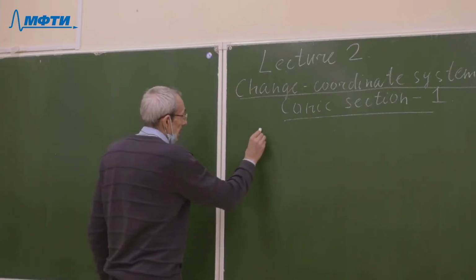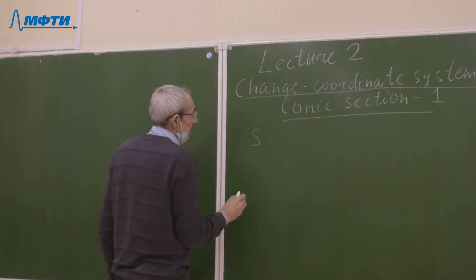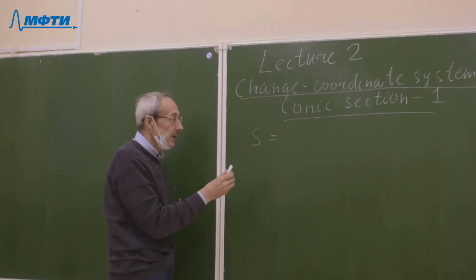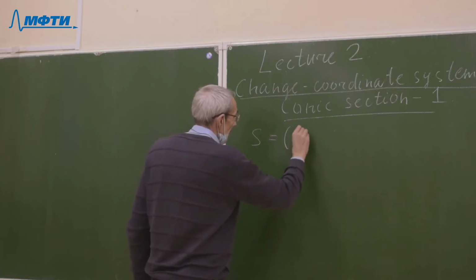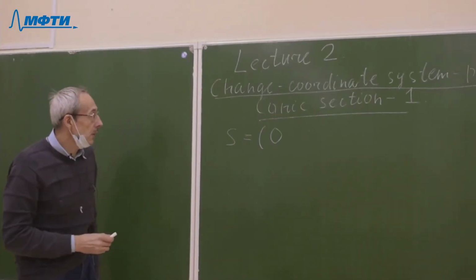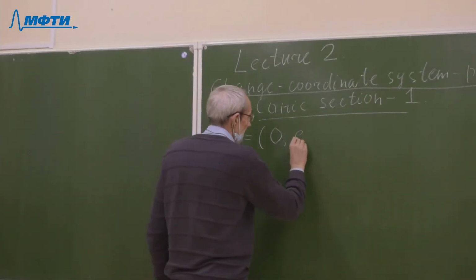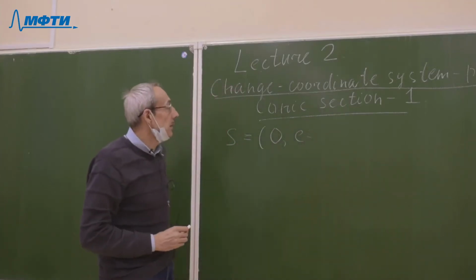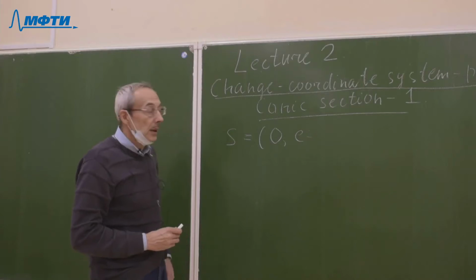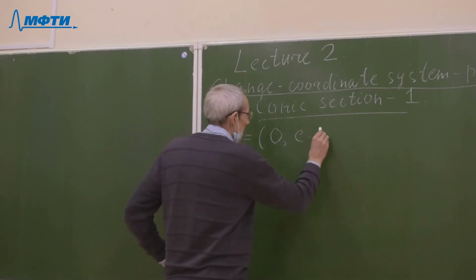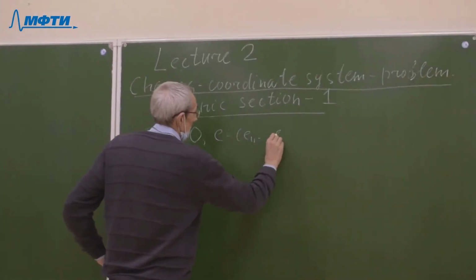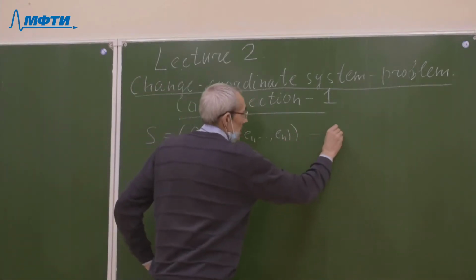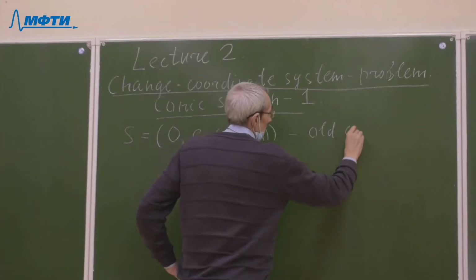Let S be the first coordinate system, namely the origin O and the basis. We will denote the basis by letter E. This is the old coordinate system.